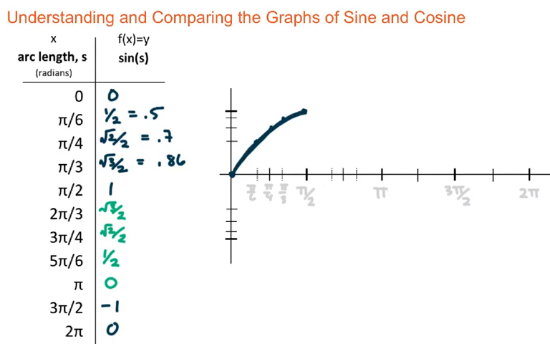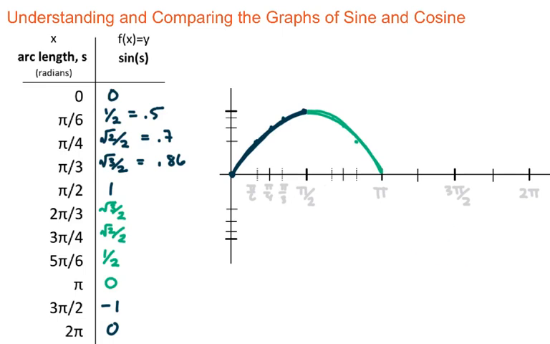Let's look. We'll have something similar occurring in quadrant 2, but it's going to be going down, about like this, and goes down. If we continued this pattern and continued making this table of values, we're going to notice between pi and 3 pi over 2, we're going to go down to -1.